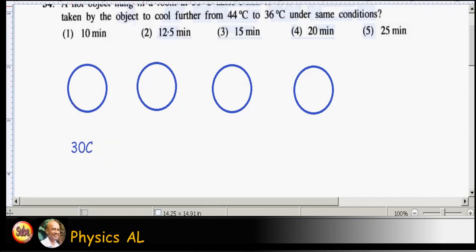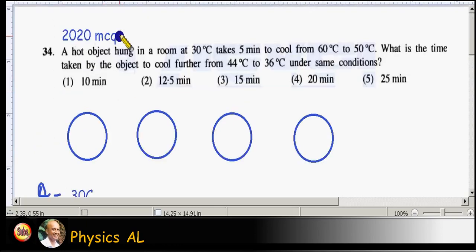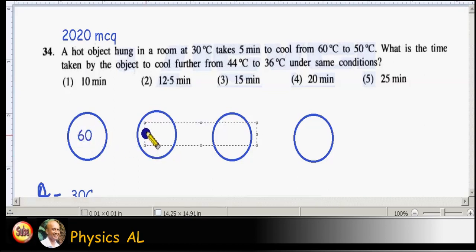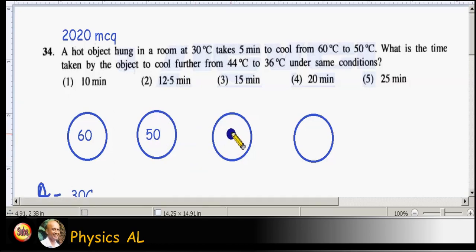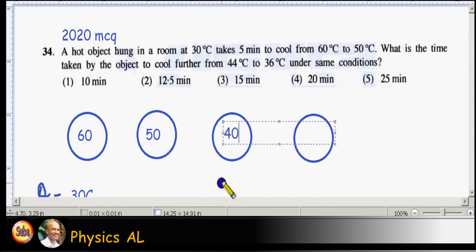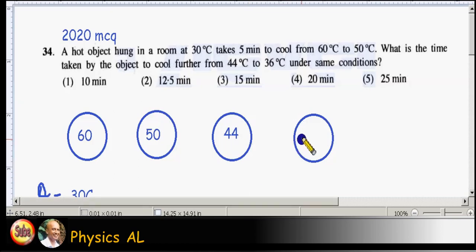That is room temperature, therefore we denote it by theta R. Here the initial temperature of the object is 60, then it cools down to 50, then from 44 to finally 36. This is the story.